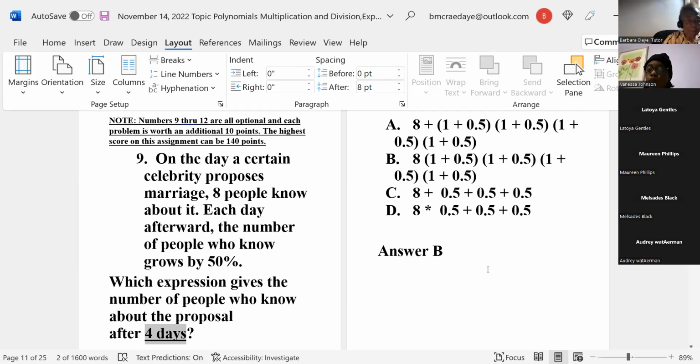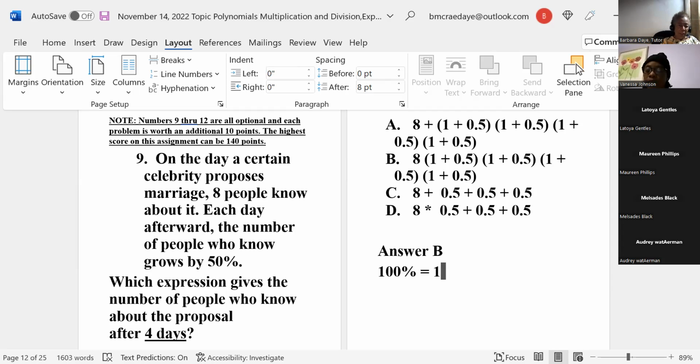I'm not quite sure. You say you use a 4 to multiply the 50? No, okay, here we go. Let me put this to make it clear. 100% equals 1.